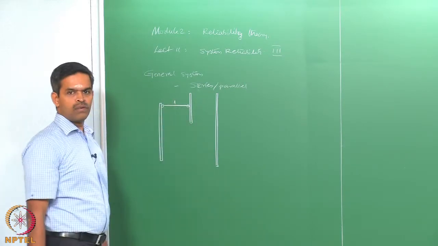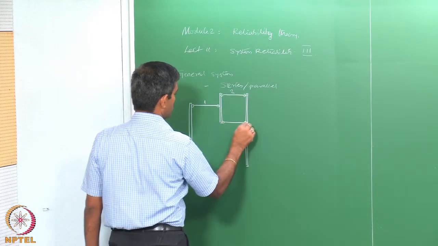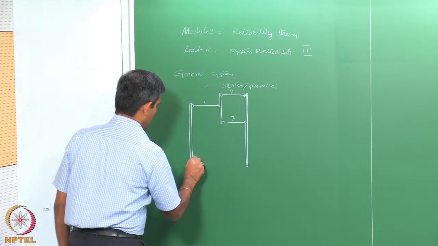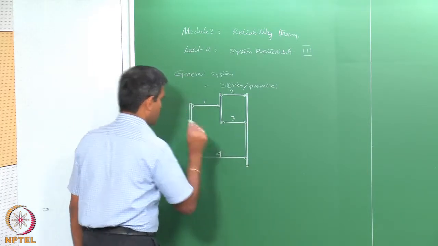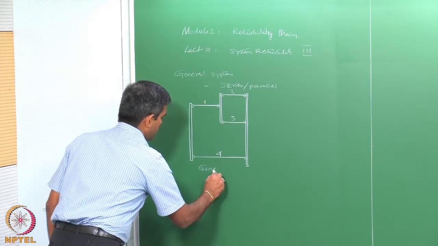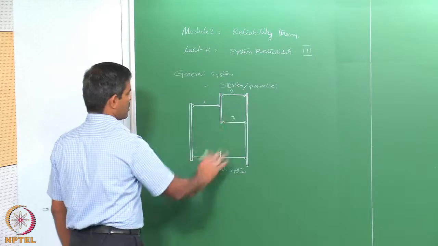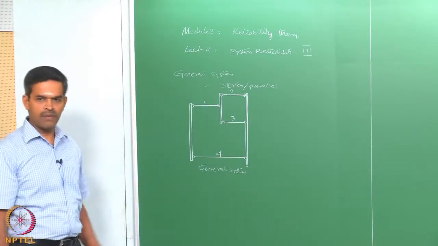We said this is 1 and this is 2, this was 3 and this was 4. This was the general system, which is of course the combination of series and parallel systems, as you see from here.